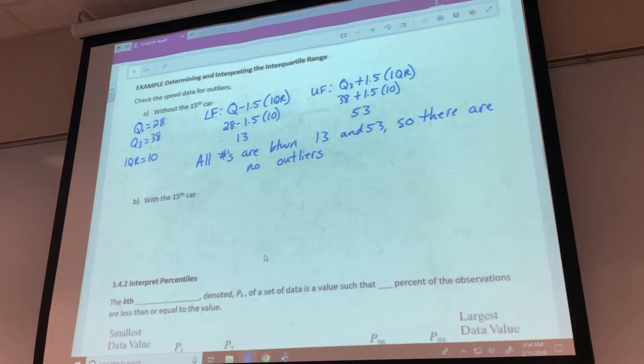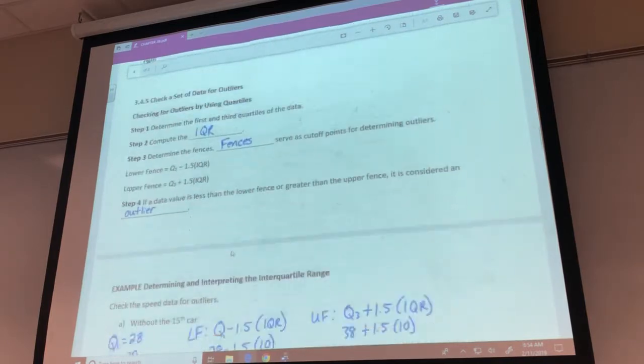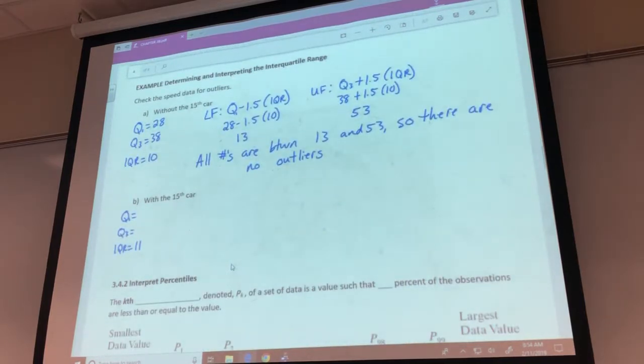Now if you throw in the 15th car, there's going to be an outlier, but now our Q1 and our Q3 and our interquartile range have changed. I think our interquartile range was 11, with 39 and 28. So again, I'm going to write out my formulas and plug in the numbers that I know.